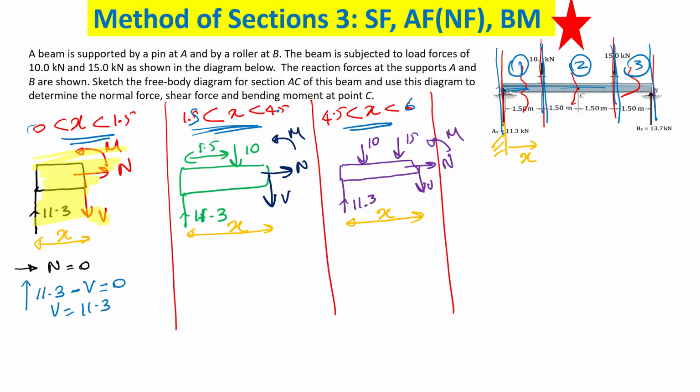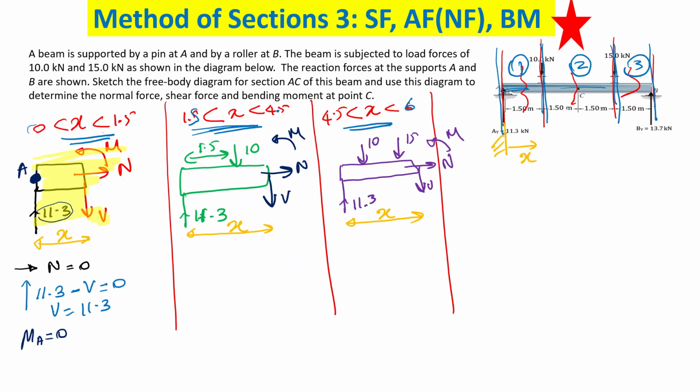Am I right? Now you take the moment. You can take the moment about any point, but take the moment about the left-hand corner. So this point A. If you take the moment about A, it also should be equal to 0. How do you write the moment? Is 11.3 making any moment about A or not? This 11.3 is going through A, isn't it?